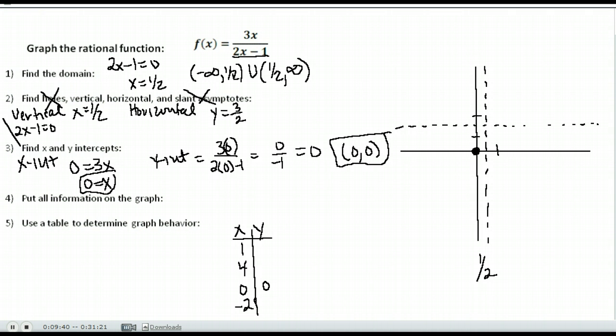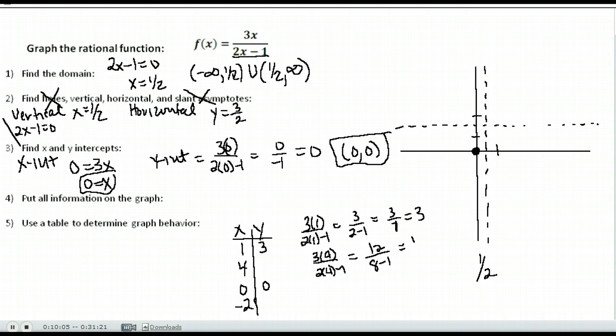So if I put 1 into my function, I get 3 times 1 over 2 times 1 minus 1. Gives me 3 over 1, or 3. If I put 4 into that function, I get 3 times 4 over 2 times 4 minus 1, which gives me 12 over 7.